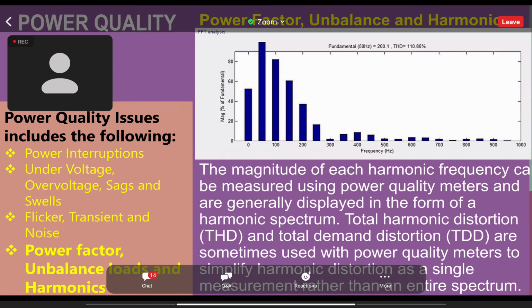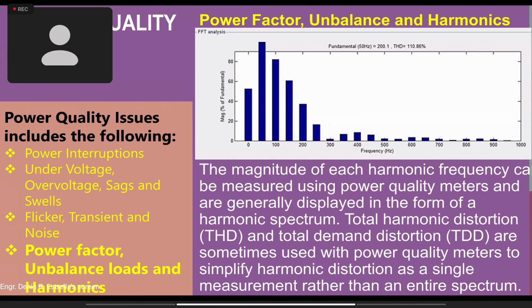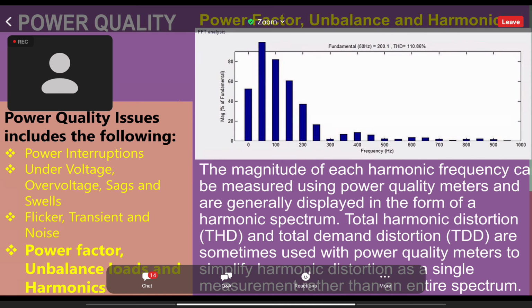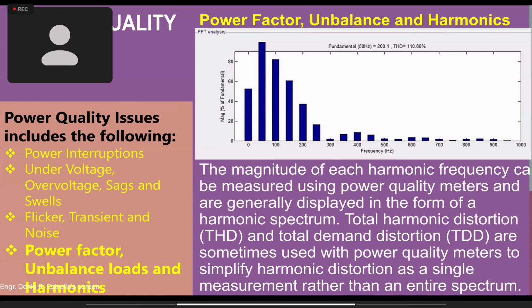So if you are going to calculate the total distortion, we have a new term we use to define the equivalent magnitude of the harmonics. We call it THD, or total harmonic distortion. That represents the total distortion of all the levels of harmonics in our system. And if it is related to power, we also have TDD, or total demand distortion.